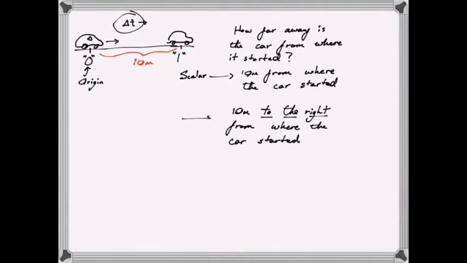We can take this a step further and identify a couple things here. The scalar is actually given to us as a distance, and the vector is given to us in what we call a displacement.